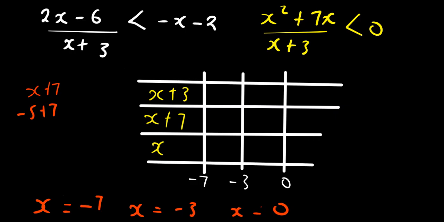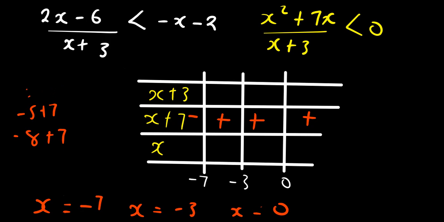So in this case, all values that are greater than negative 7 will give us positive numbers. If you get a value that is less than negative 7, let's say negative 8, negative 8 plus 7 will give us negative 1, which is a negative number. So we have a negative here. Okay, so we're done with that one.